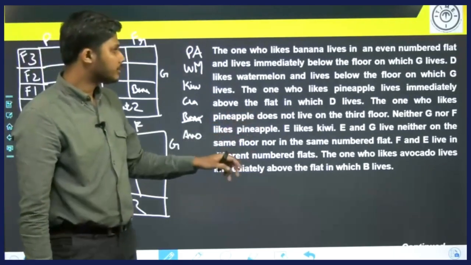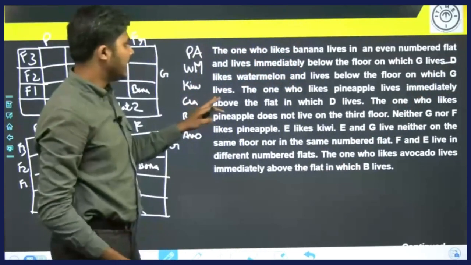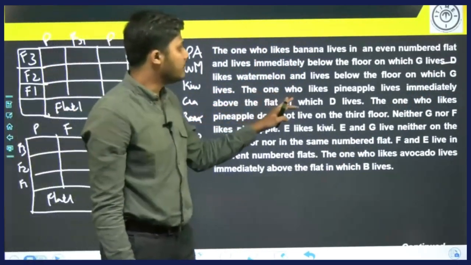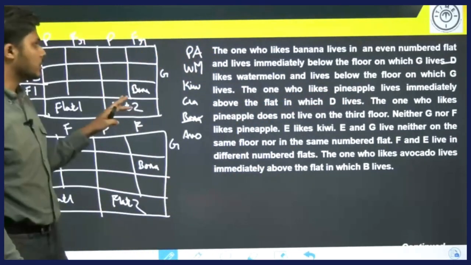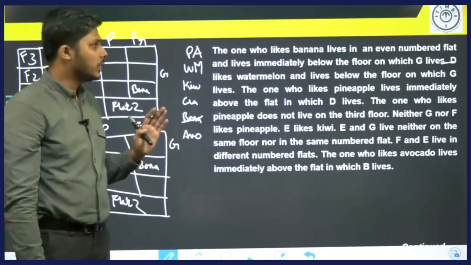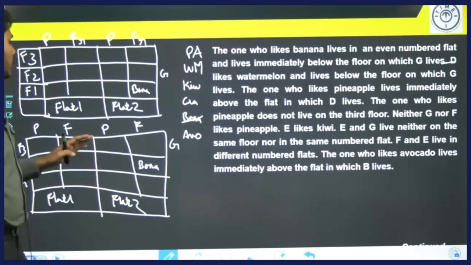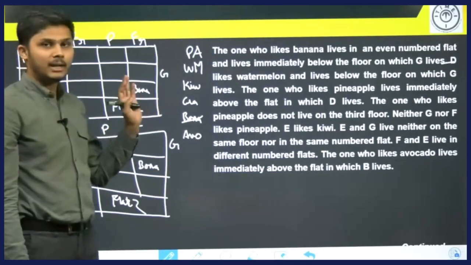The next clue, D likes watermelon and lives below the floor on which G lives. We know that the person who likes banana lives immediately below the floor on which G lives. So now, since the person who likes banana lives in flat 2, D must live in flat 1.